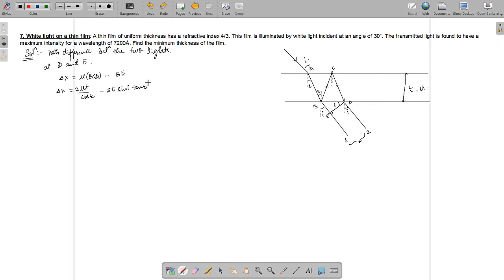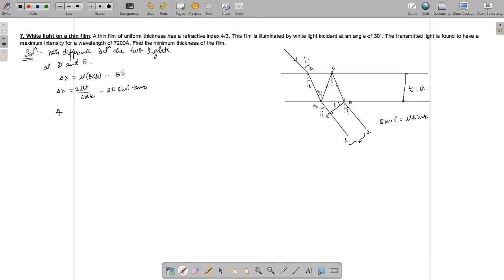Okay. Now, by Snell's law, we can say that sine I is equal to mu times sine r. So we can substitute sine I by mu sine r.